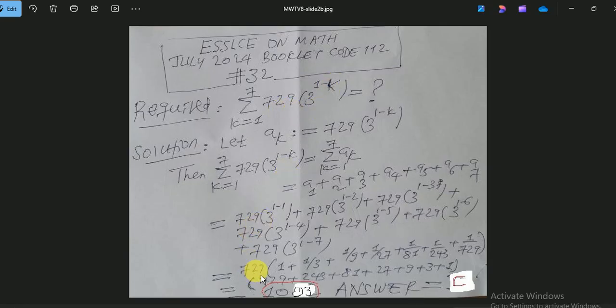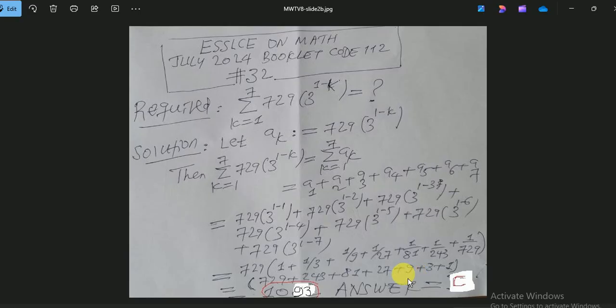So 729 is everywhere. When we evaluate all the terms and factor out 729, at the end we get 729 times (243 plus 81 plus 27 plus 9 plus 3 plus 1). This is a geometric progression. If we take 1 as first term, the next term is 3, the next is 9.